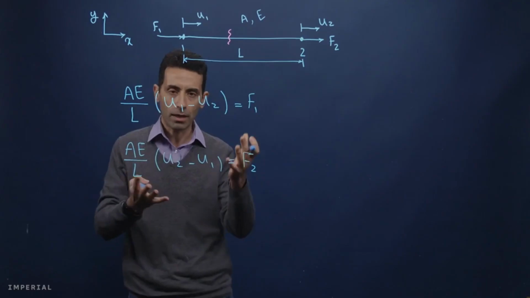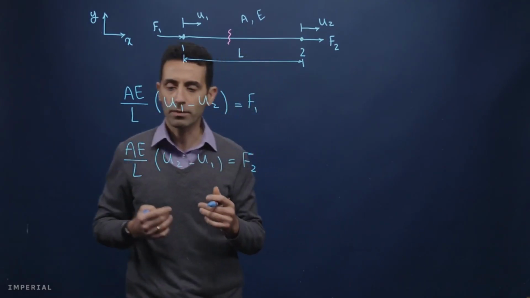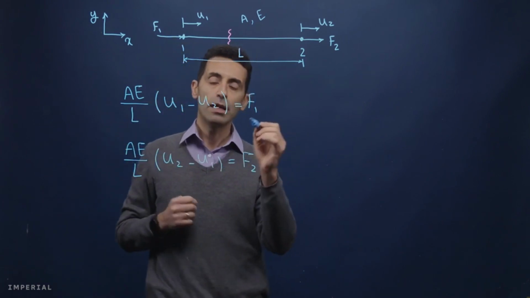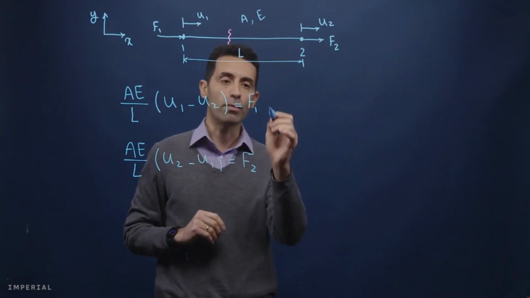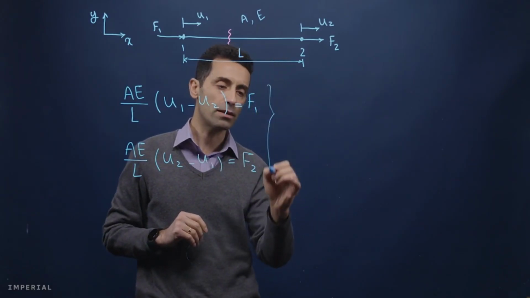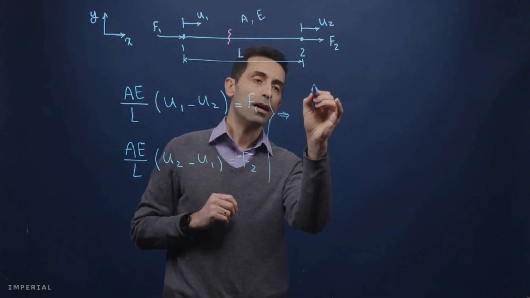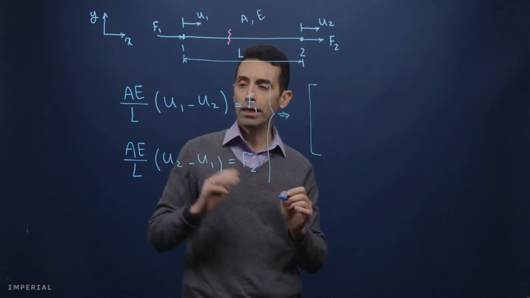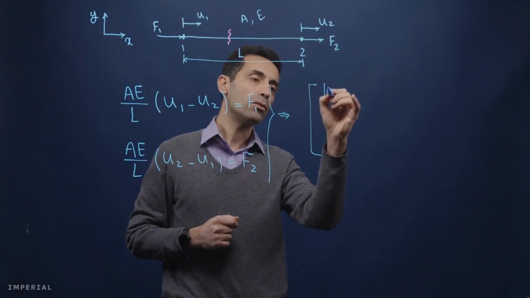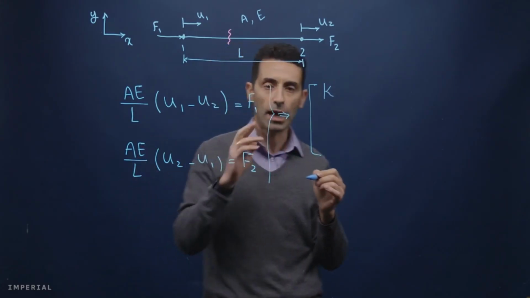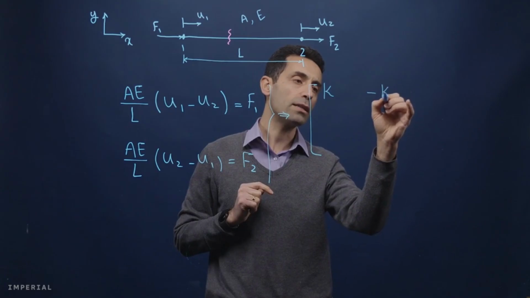Okay? Well, I think now you see that something is emerging from this work that we have done so far. So if I now write this in a matrix format, you will see that we will find something quite interesting and neat. I'm going to rearrange this and write it in a matrix format. Now you can see I'm introducing a new variable. I call it k, and I explain in a moment what k is.